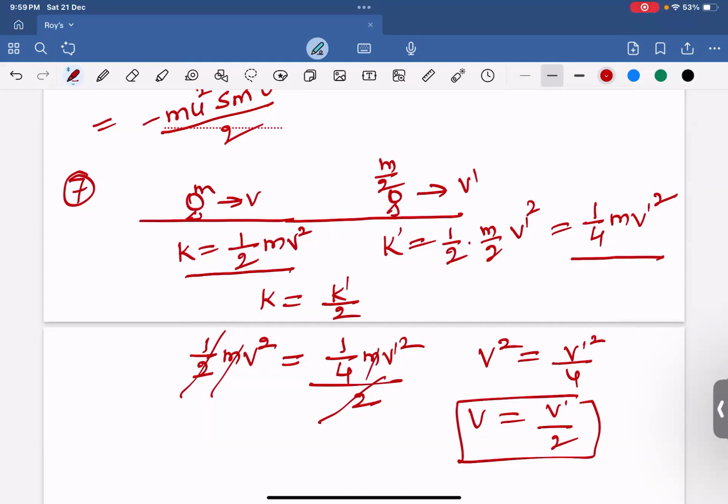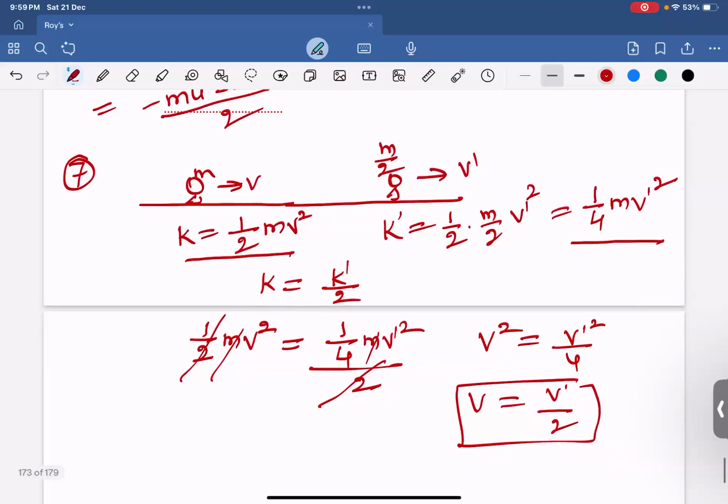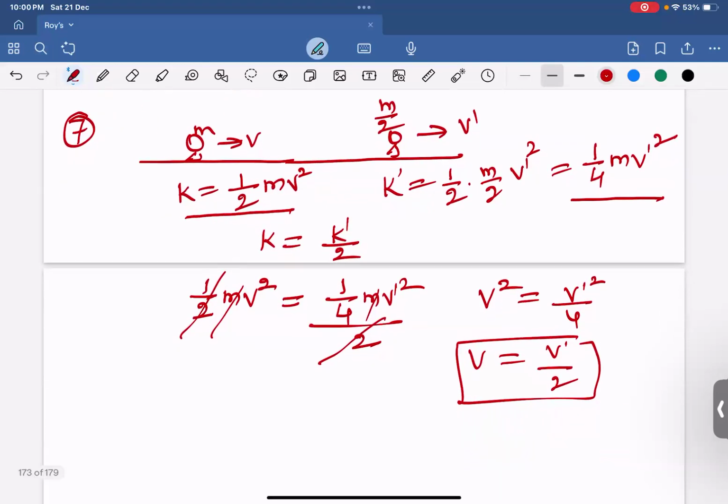Yes, yes. Now it says that if the man speeds up by 1 meter per second, if the man's speed is now v plus 1, then his kinetic energy will be half m v plus 1 square, and then it becomes exactly equal to the kinetic energy of the boy, that is 1 by 4 m v dash square.